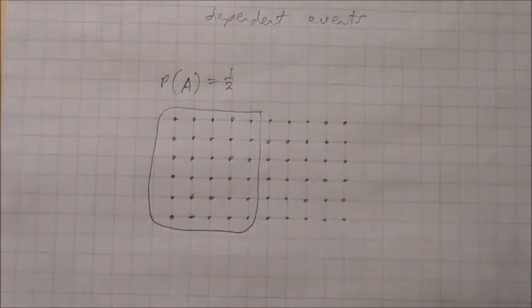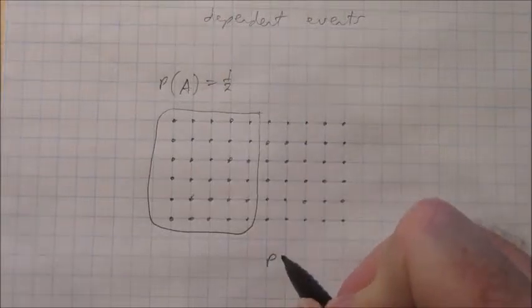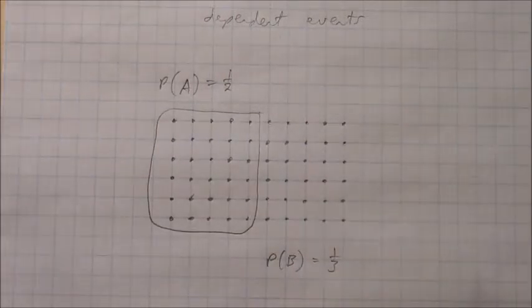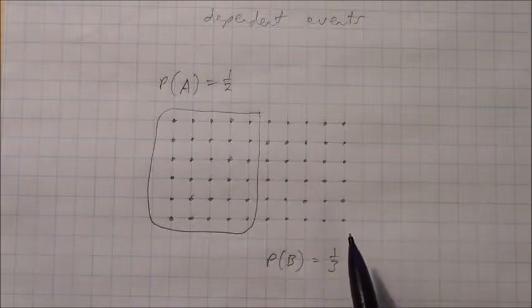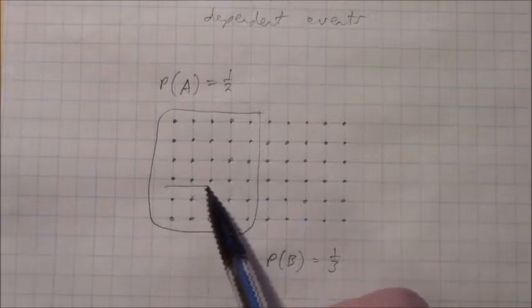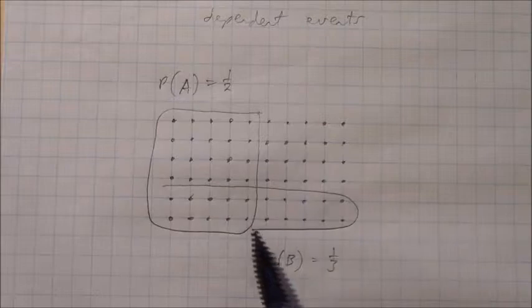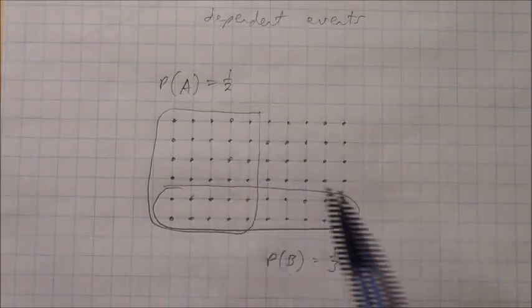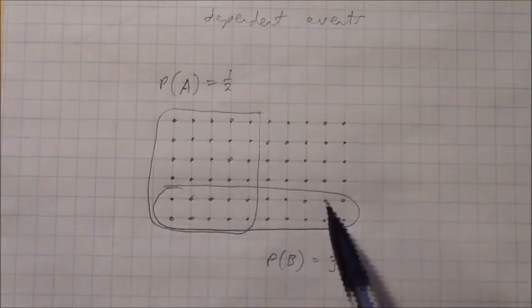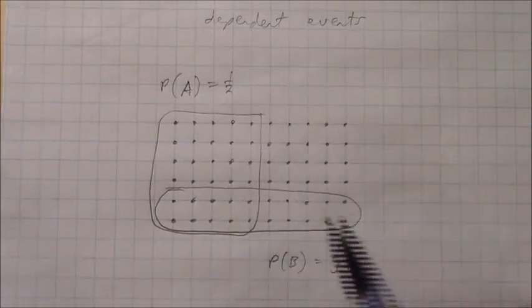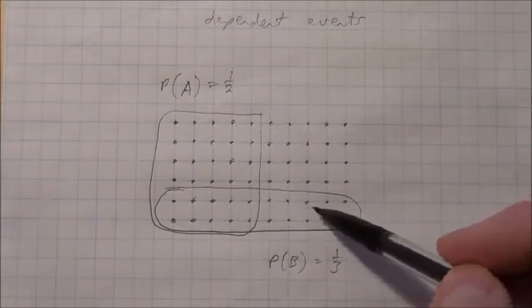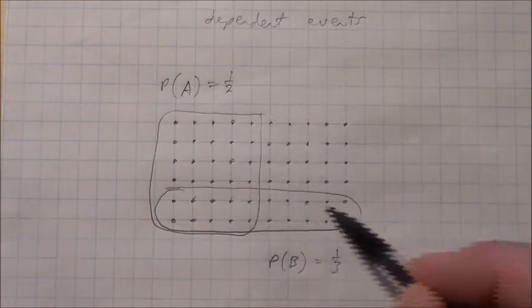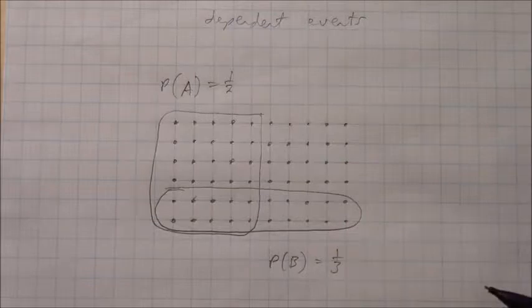So suppose the probability of event B is 1/3. Then we would take 1/3 of these total outcomes, and these would be the roughly 33% probability of event B occurring.